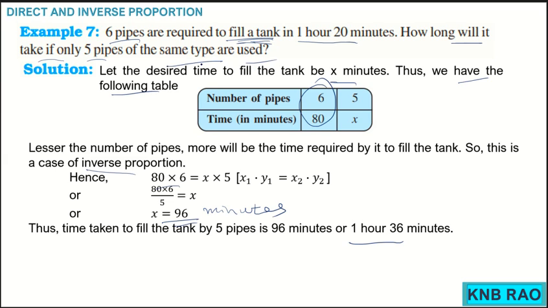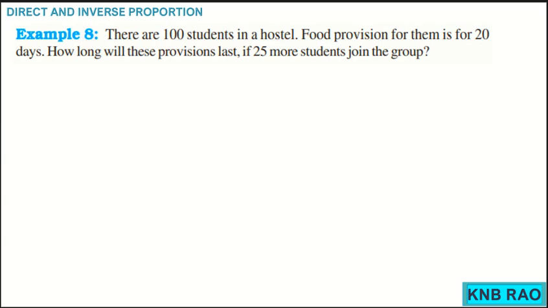Now coming to example number 8. There are 100 students in a hostel. Food provision for them is for 20 days. How long will these provisions last if 25 more students join the group?